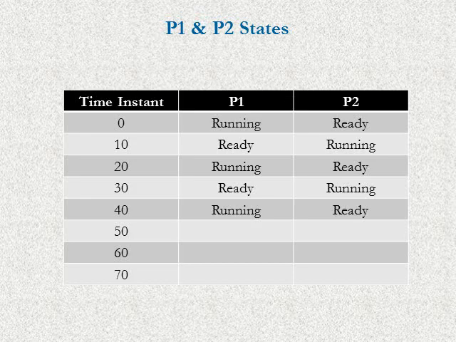From 40 to 50, P1 is in the running state while P2 is in the ready state. Here you can see that P1 has elapsed 30 seconds of its total time, while P2 has elapsed 20 seconds. So 10 seconds are still left for P1 and 20 seconds are left for P2.